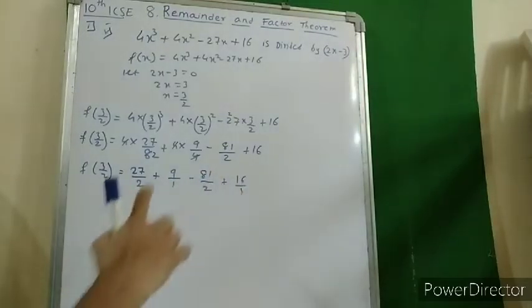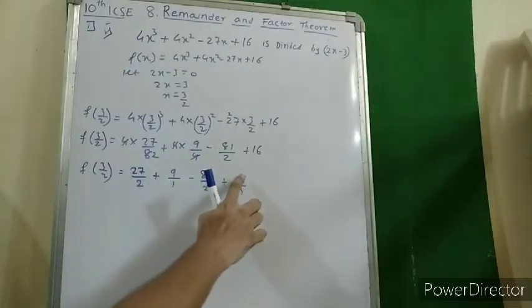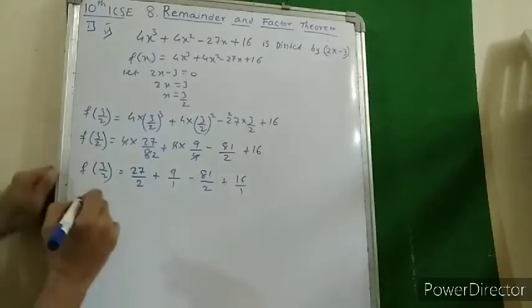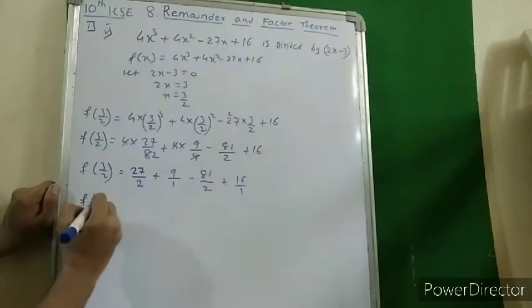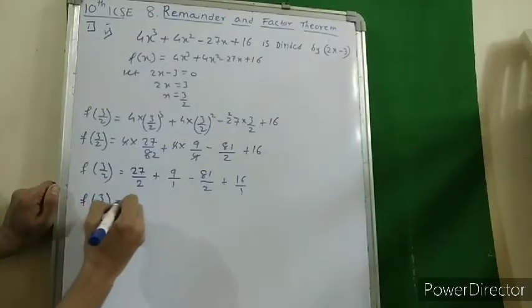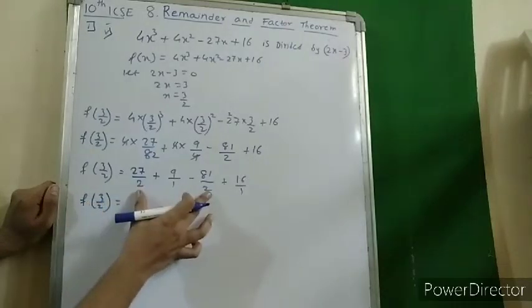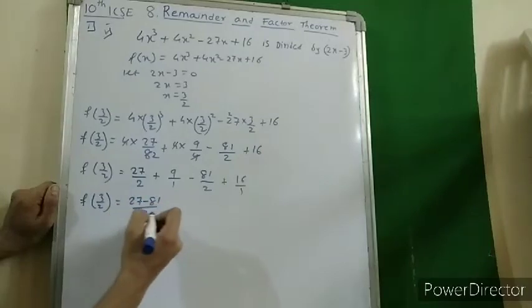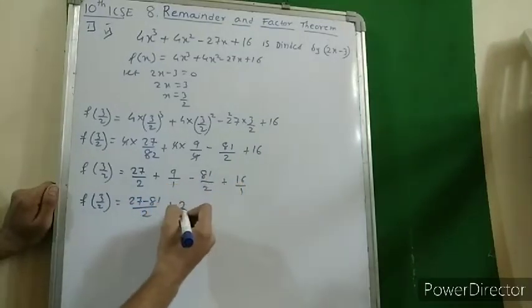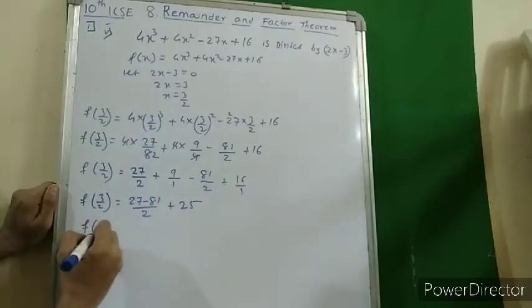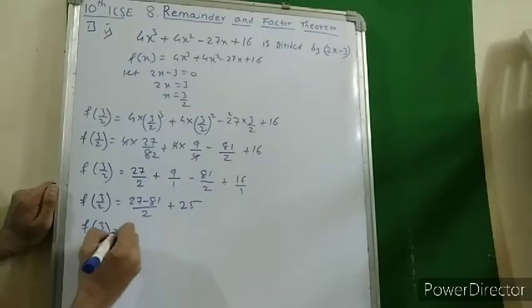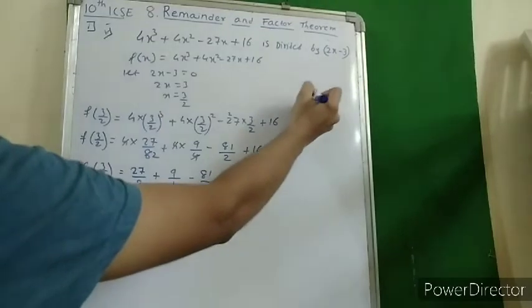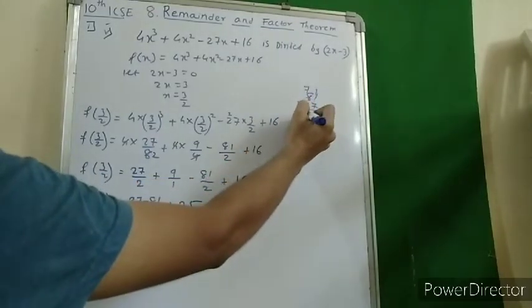So see, we can do that 27 plus 16 plus 9 can be added to get 25. Okay, so function of 3 upon 2 is equal to, both of them are having the same denominator, so I'll write 27 minus 81 upon 2 plus 9 plus 16 is 25. So function of 3 upon 2 is equal to, see, 81 minus 27 will give me 54.